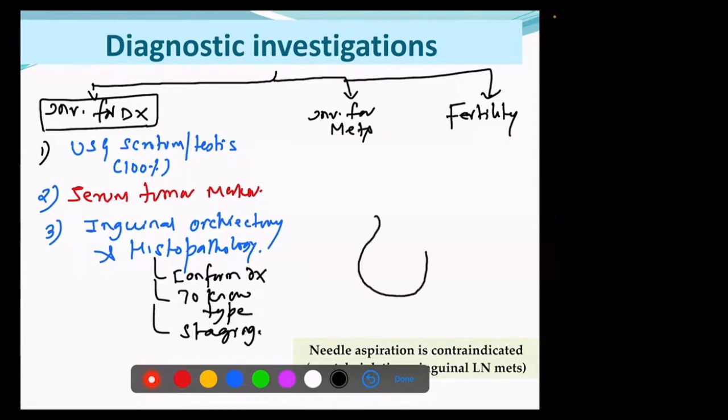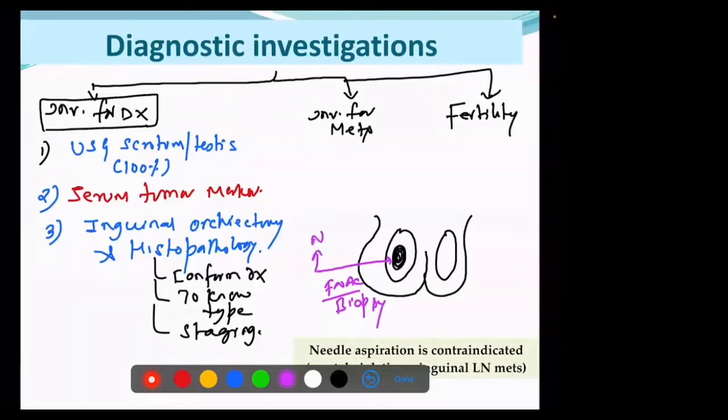So see, this is the testis. Suppose a patient has a testicular tumor over here. The question is, can we do FNAC or biopsy via the scrotal skin? The answer is no, we don't do that, because if you puncture the scrotal skin and then puncture the testicular tumor, then you are causing scrotal skin violation.